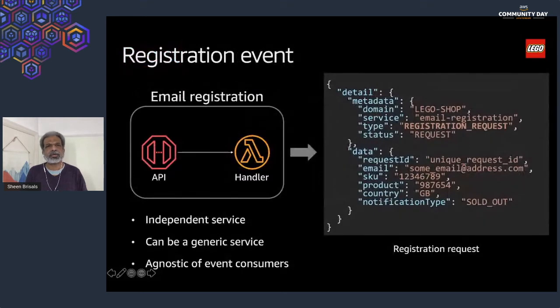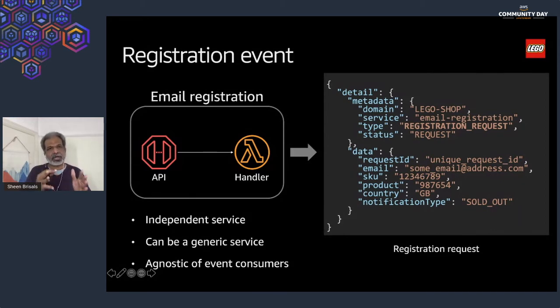Now, how does it look? Email registration, in simplistic form, is an API Gateway endpoint backed by a Lambda function, for example. All it needs to do is, once it receives a registration, create this event and push it up to the bus. It doesn't care who the consumers are or where this goes. That is the beauty of this independent service development.